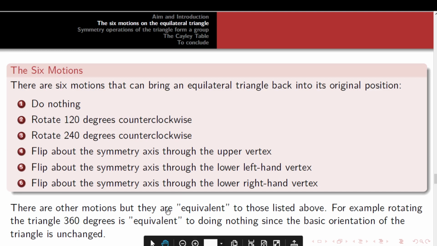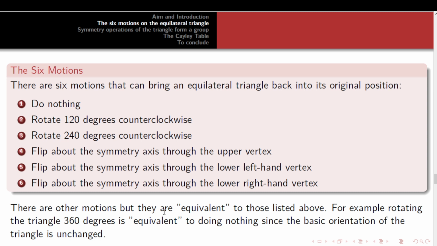So there are other motions. We can think about other motions definitely, but all of the other motions that come into our mind, which are the motions on equilateral triangle which make it remain unchanged after the motion, all of such motions are equivalent to the six motions which we have listed above. For example, as we said earlier, we had talked about rotating the triangle 360 degrees, and we said that it is equivalent actually to the motion of doing nothing.